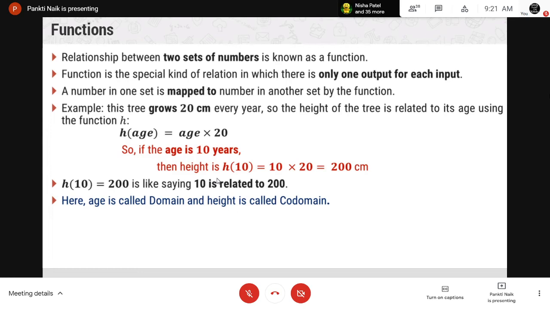So the height of the tree is related to its age using the function h of age is equal to age multiplied by 20. If its age is 10 years, then the height is h of 10 is equal to 10 times 20, which is 200 centimeters. So we can say that h of 10 is equal to 200 is like saying 10 is related to 200.